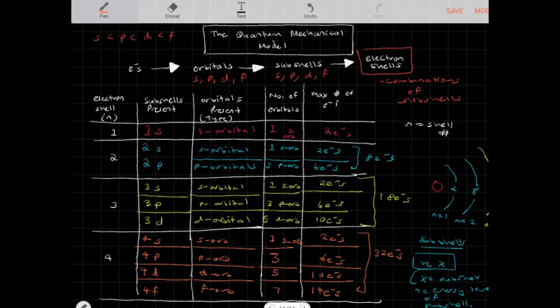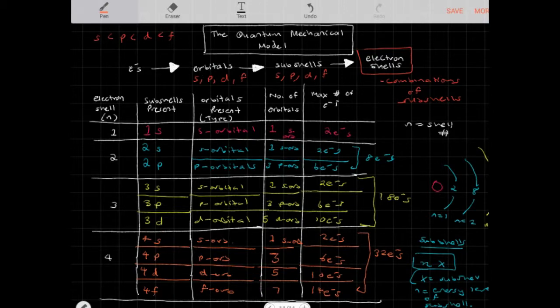So this is basically the hierarchy of organization in terms of the quantum mechanical model, where electrons are grouped into orbitals. There's different types of orbitals which describe the path length of electrons around the nucleus. Each orbital will also have a particular energy relative to each other. And orbitals come together to form subshells.